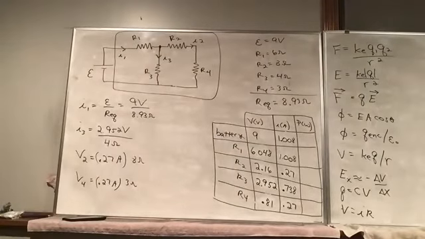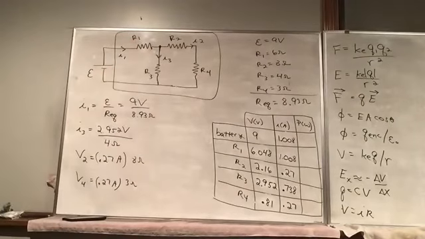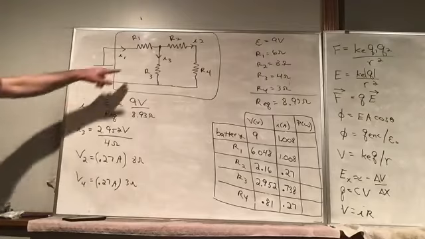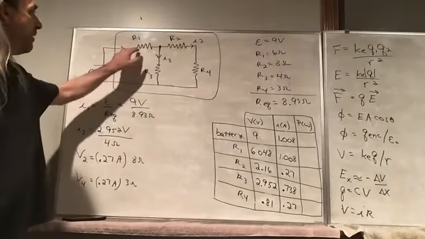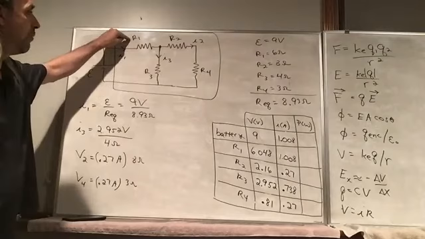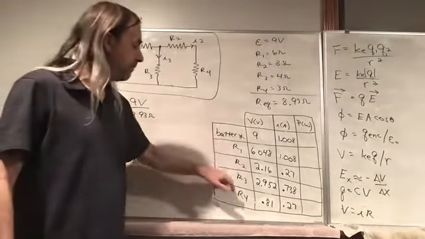So now let's check our loop rule. For this loop here, we're guaranteed to get that to work out because we used it to get the voltage drop across resistor 3. So basically, these two should add up to 9. Voltage drop across R1 and R3, that has to equal the battery.